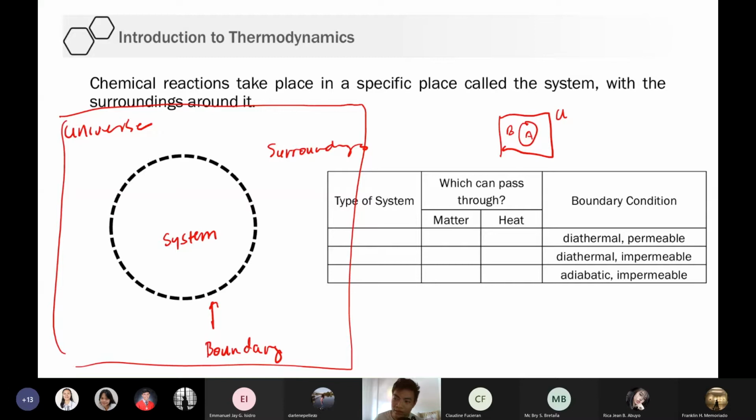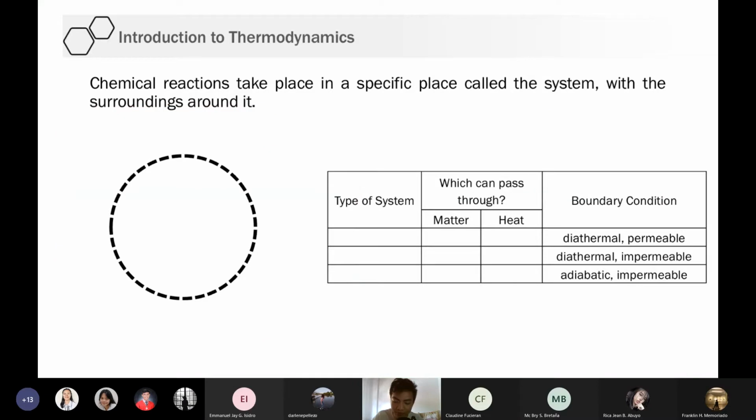So, yung nasa loob ng circle, that's the system. Okay? Dito nangyayari yung chemical reaction. Outside this system, andoon yung surroundings. And pag pinagsama mo yan, you have your universe. And the thing that separates the system and the surrounding is called the boundary. Okay? Okay, system, boundary, surroundings.